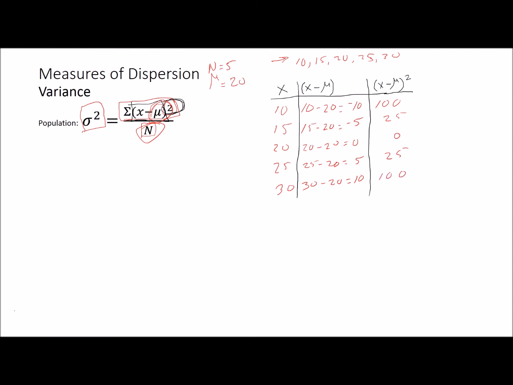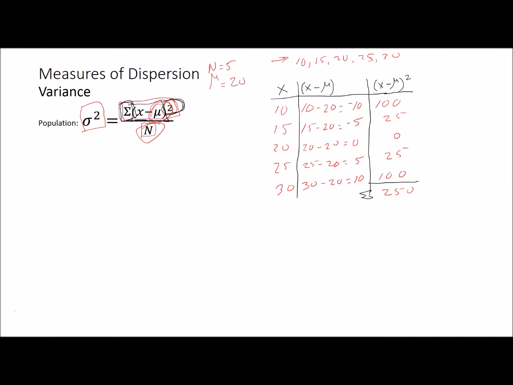Now the next step is you're going to have to add this up. So the summation of this. So let's put the summation symbol here, and we add this all up. That'll turn to 250. 250 would be the summation.